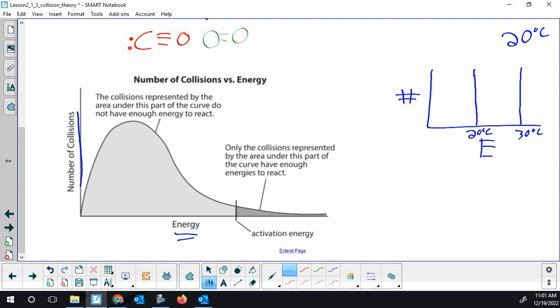Temperature, or the energy at a given temperature, is actually a distribution. This is our distribution. The middle of the hump is our energy average. And at 20 degrees Celsius, you might get a certain distribution. At 20 degrees Celsius, not every molecule has the same speed.